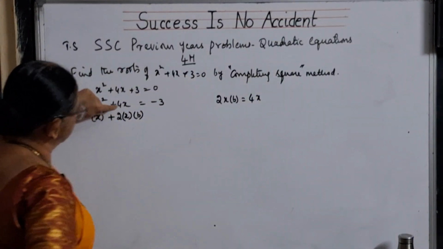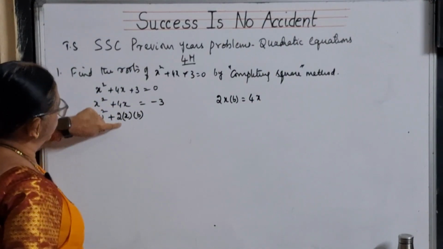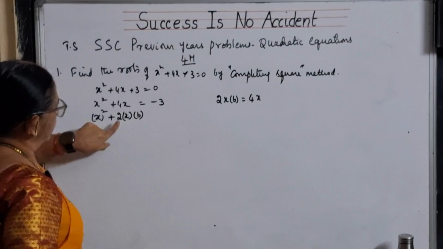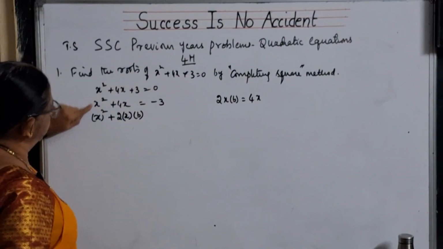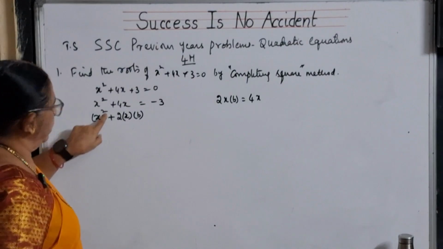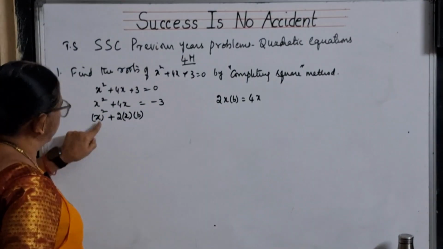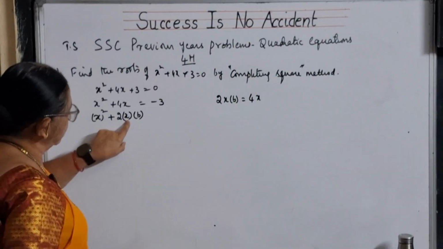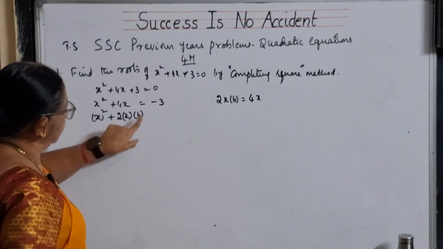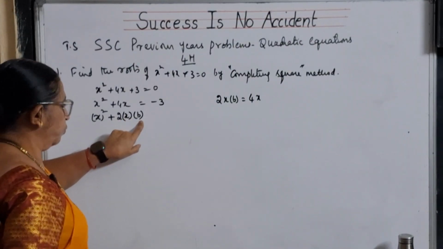This value that is given here is in the form of 2ab. 2 into a is x, here x is there. X can be written as x whole square. That means here in the place of a you have x. But in the place of b we don't know what it is.